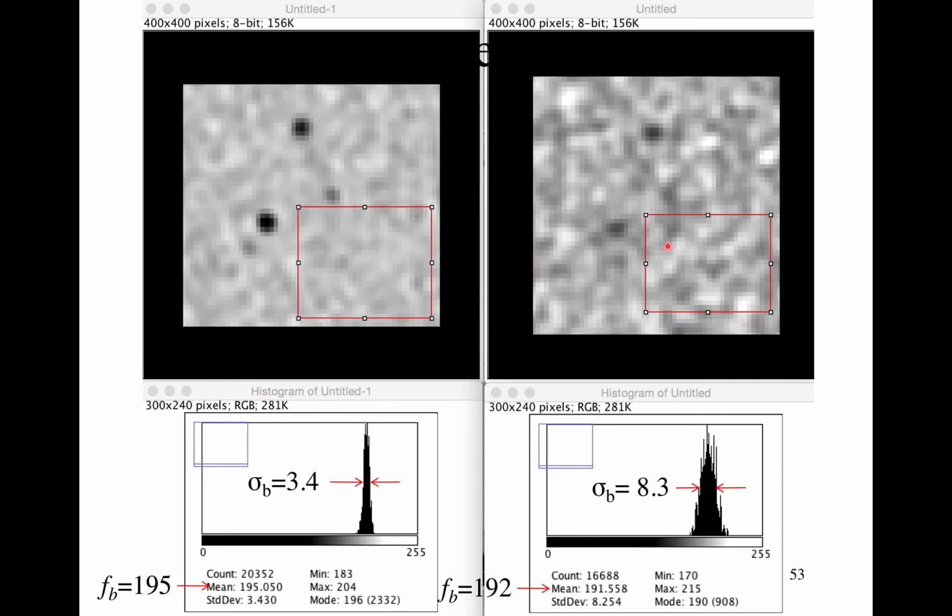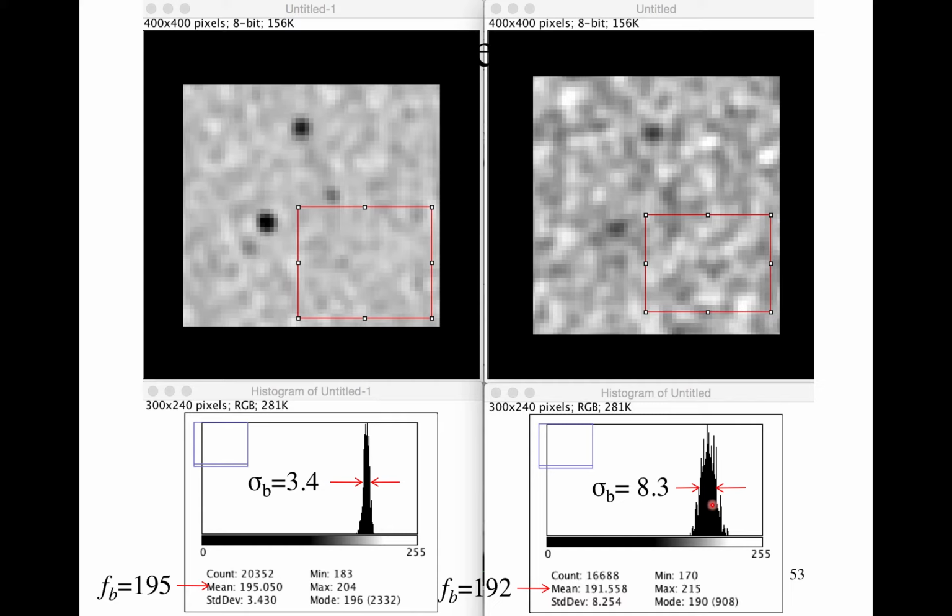In this image, where we use fewer photons, we use the same scale. When we plot the histogram, we get something that looks like this. It's much broader, right? The mean is 192, basically the same, but now sigma, the width of the distribution, is 8.3, and so the noise is higher.